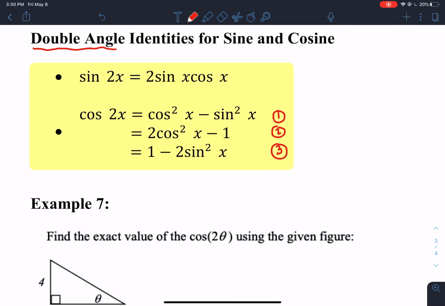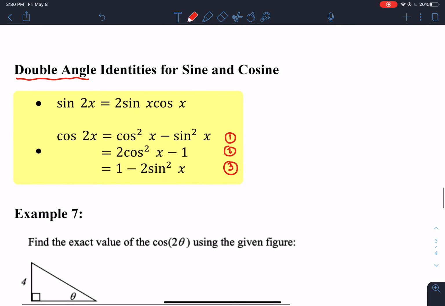Now, another thing you might see is, say it was sine of 4x. Now think about what you are doubling to get 4x. That's really going to be sine of 2 times 2x. Now if you look back at the formula, sine of 2x, I'm doubling x as my angle.